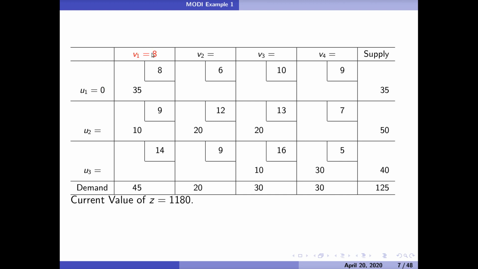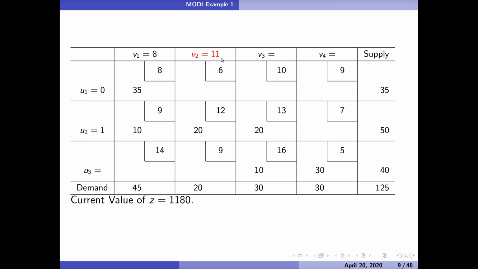If v1 is equal to 8 and this value is 9, these two should sum to 9, so therefore this defines u2, and u2 is equal to 1. And now if u2 is equal to 1 and the sum of ui and vj is equal to 12, that means this value is 11.